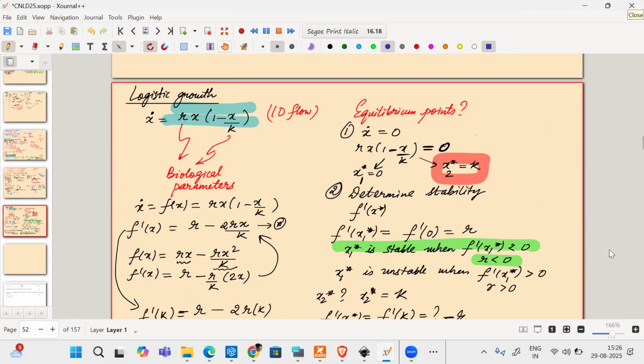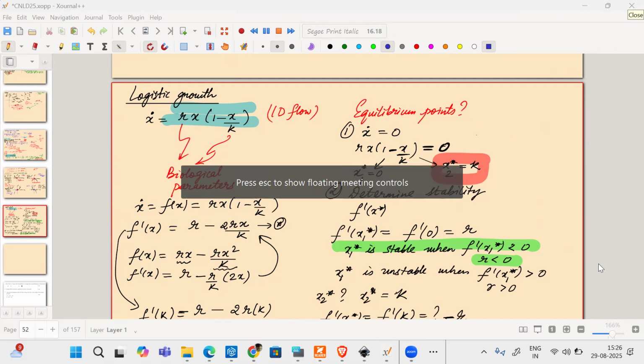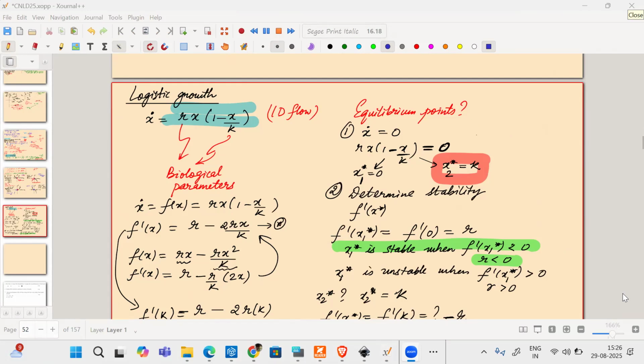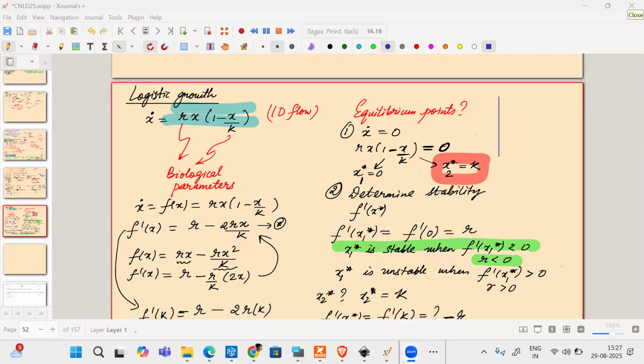Where it is intersecting, can you check? That's what we want to know, where it is intersecting. Here it is x dot and here it is x. It will be something like this, right? So here you will see x star equal to 0, x1 star, and x2 star is k, right? So this is how graphically also you can check what the equilibrium points are.